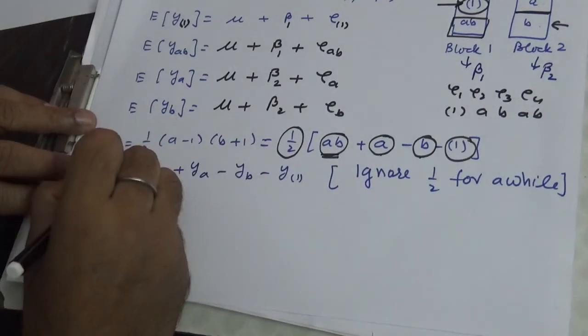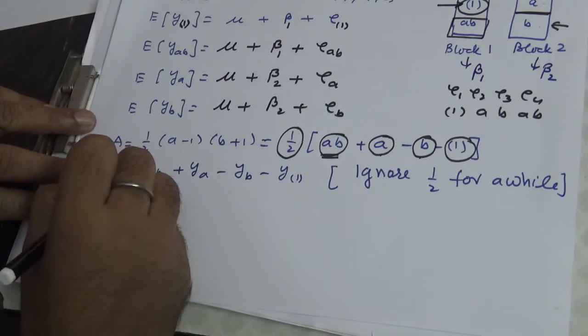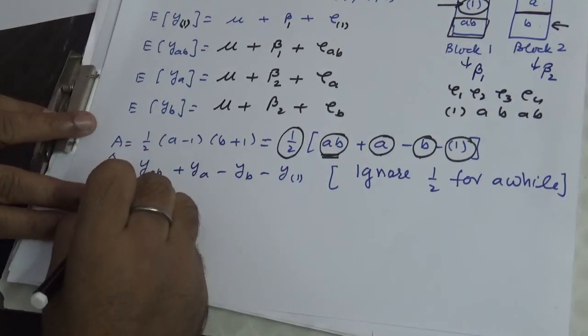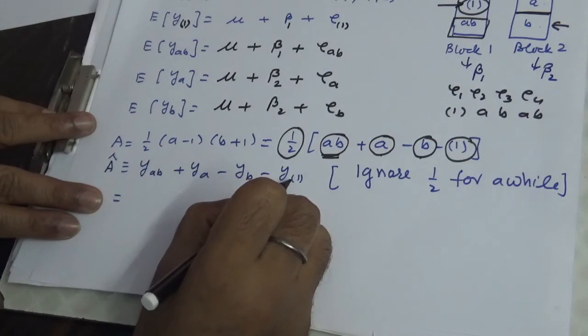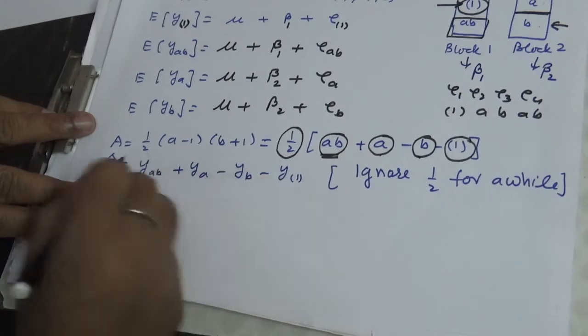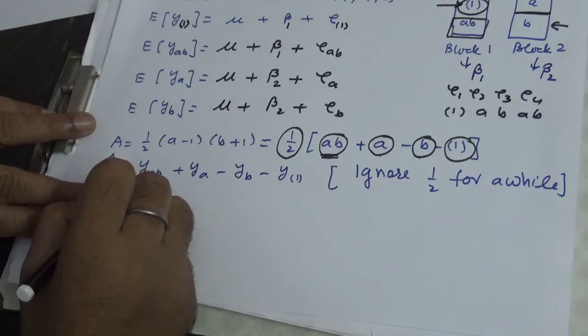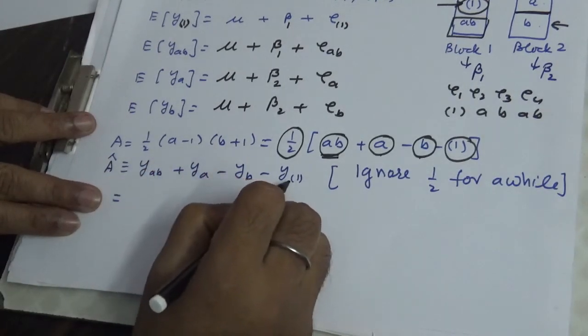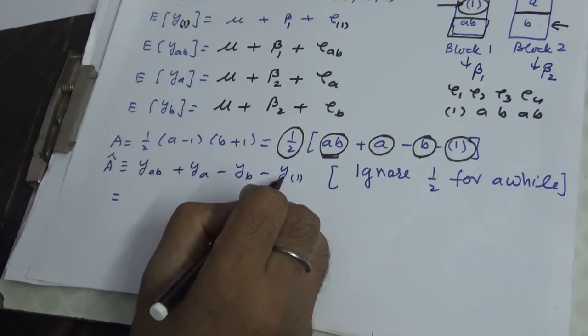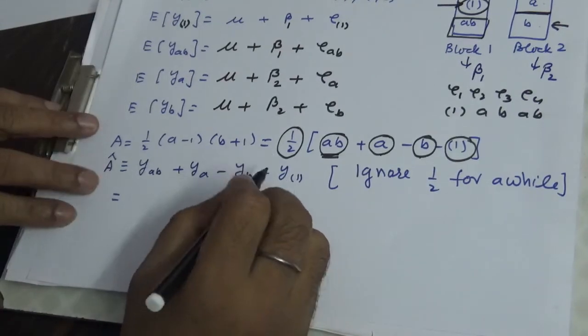So now if I try to write down here A hat, then this will become YAB plus YA minus YB minus Y1. Right. So essentially that is actually expected value of YAB plus expected value of YA minus expected value of YB minus expected value of Y1, which I am denoting here by this thing.